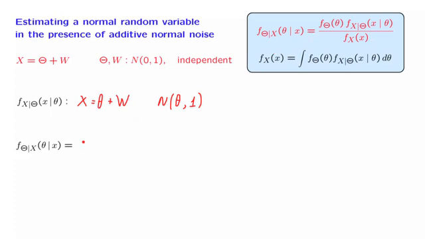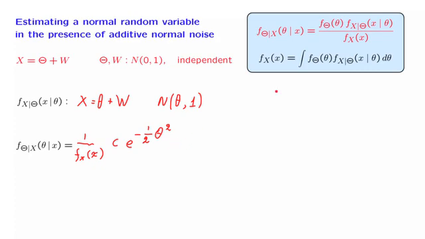So we have the denominator term, which I'm writing here. And then we have the density of theta. Since it is a standard normal, it takes the form of a constant. We do not really care about the value of that constant. What we care really is the term in the exponent.